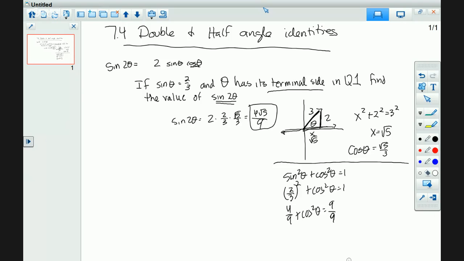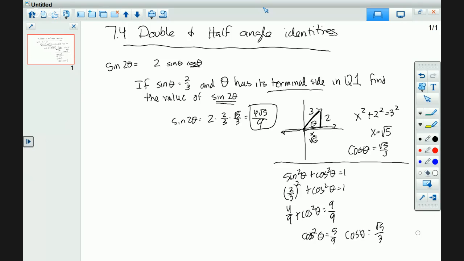Okay, subtract. So cosine squared is 5 over 9. And then square root it. So cosine theta is root 5 over 3. Woohoo! Look at that. Works every time.